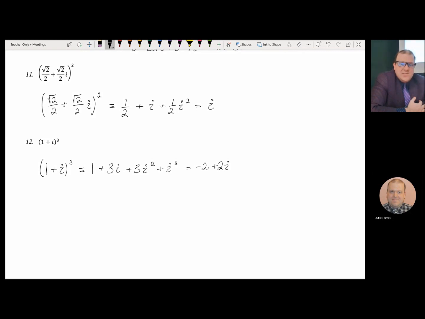But if the i squared would be a negative 1, and it's 3 times a negative 1, so it's a negative 3. Right, so 1 minus 3 is negative 2, right? Yeah, that makes sense.